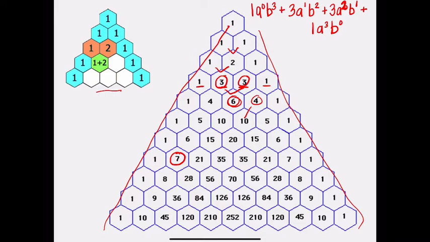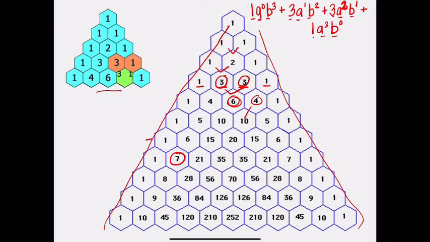So what you see here is that I started with a to the 0 and I stepped up. So I went a to the 0, a to the 1, a to the 2, a to the 3. I started with b to the 3 and I stepped down. So b to the 3, b to the 2, b to the 1, b to the 0. And I use those coefficients, 1, 3, 3, 1, from my Pascal's triangle, okay? So that's how you would do it every single time, okay?